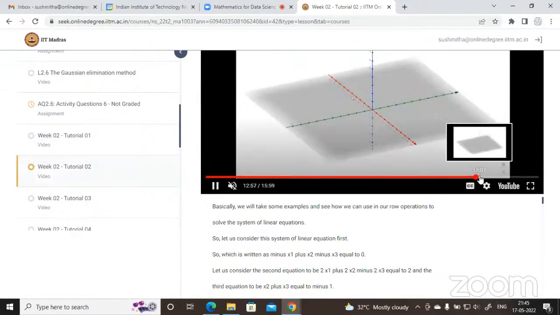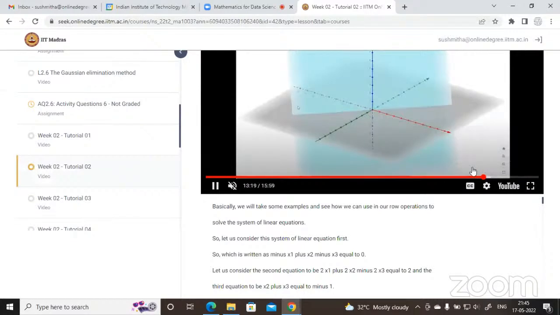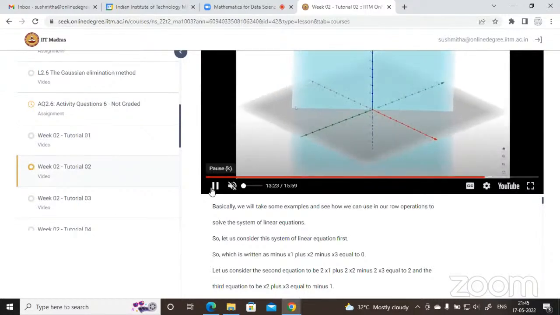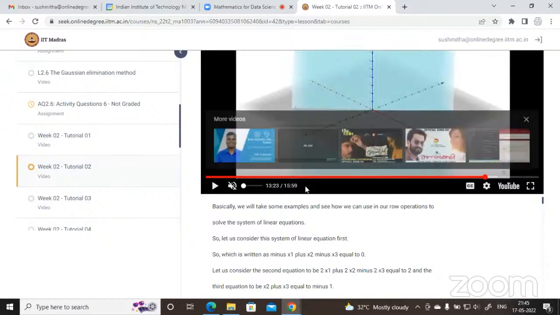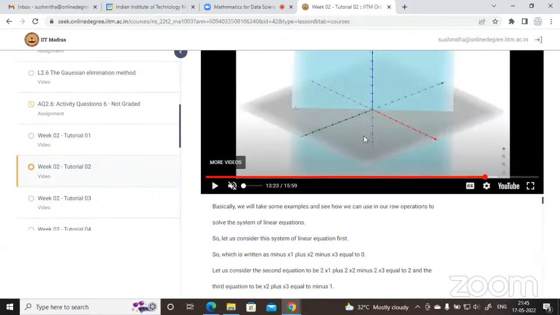So he is just explaining using GeoGebra, that's it. Is it important from the examination point of view, or just for understanding? This is just a tool which you can use to understand and visualize things, but not from the examination point of view. Fine. Thank you.